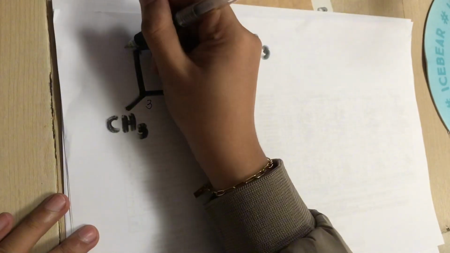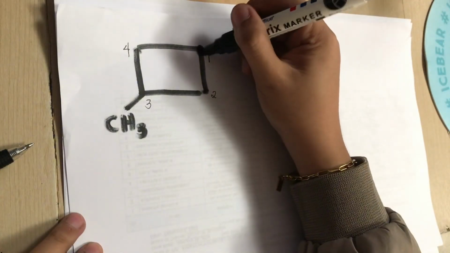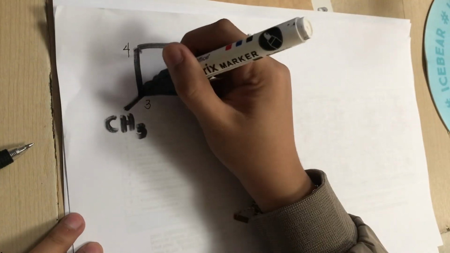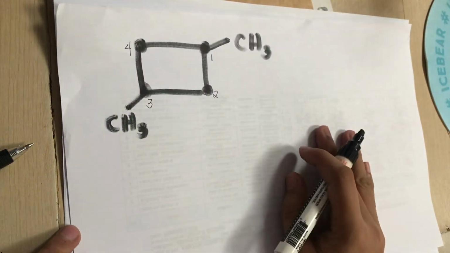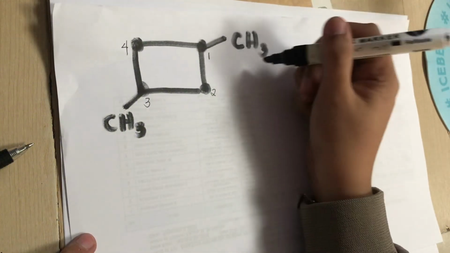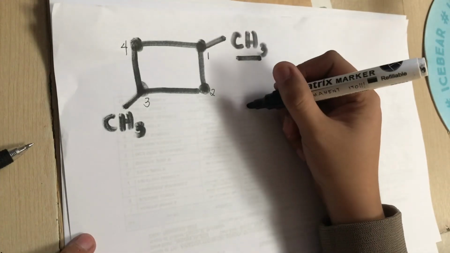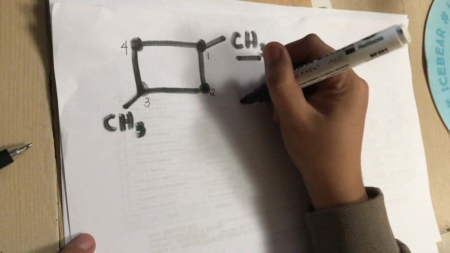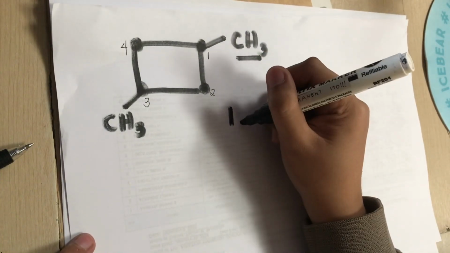Let's follow counterclockwise: 1, 2, 3, 4. We have 4 carbons present in this cyclic structure, and the attachments are 2 methyl compounds. The first attachment is attached to number 1, and the second attachment is attached to number 3.